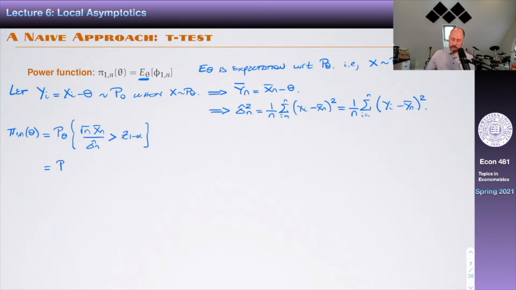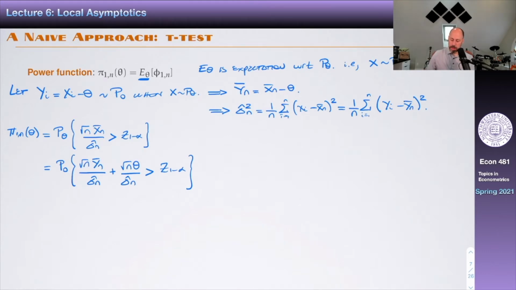So now this is the probability under the null, p theta, p0, okay, of the square root n y bar n divided by sigma hat n plus square root n theta divided by sigma hat n. So here I use our connection between y bar and x bar given here. I just replace x bar.